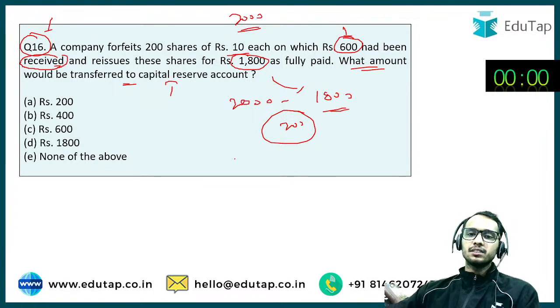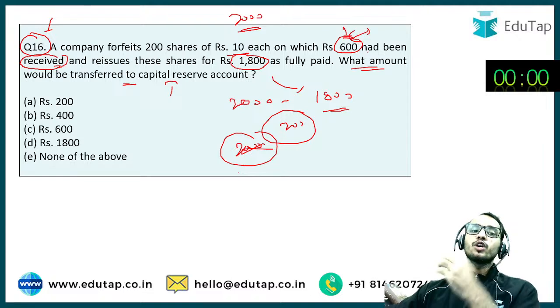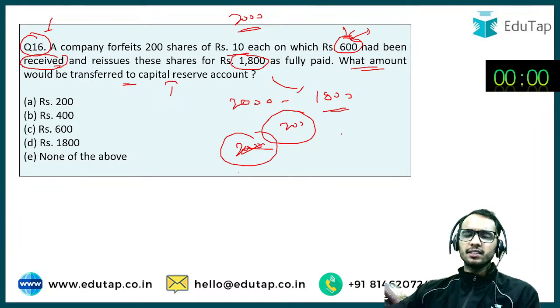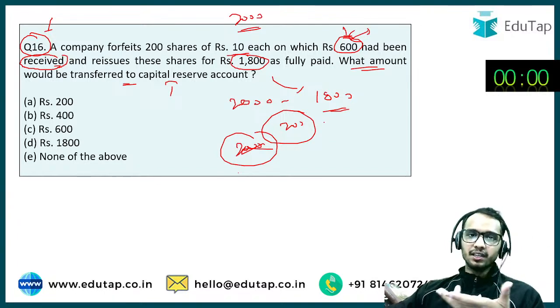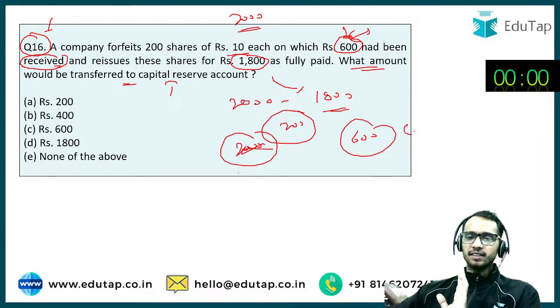Total share worth is 2000, right? You have received only 600. So whatever you have received, you are going to take it into the share forfeiture account. Forget about other entries. So share forfeiture account will be credited by 600. That you know.